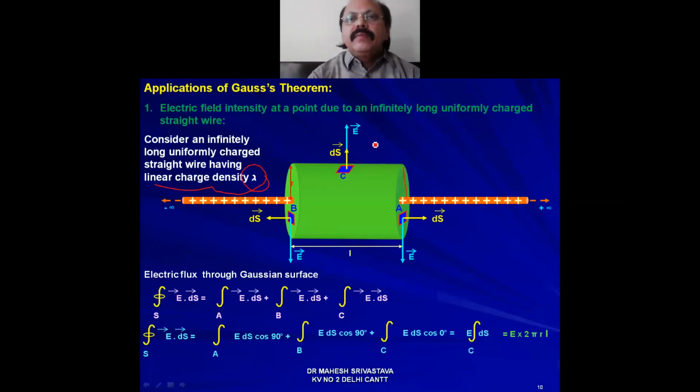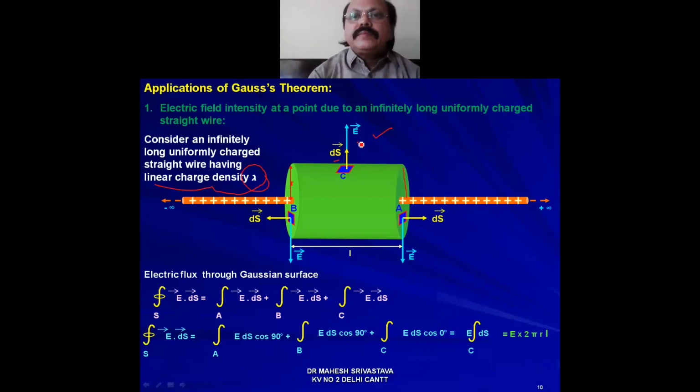Here it is represented. If we take the curved surface, then we take a small area element on the curved surface at point C, that is ds vector, with the normal drawn outward. Then the angle between E vector and ds vector is the same, that is 0.